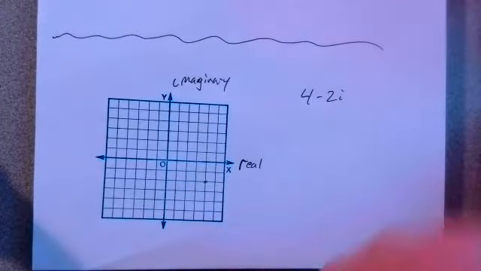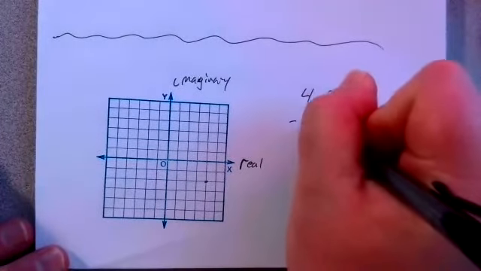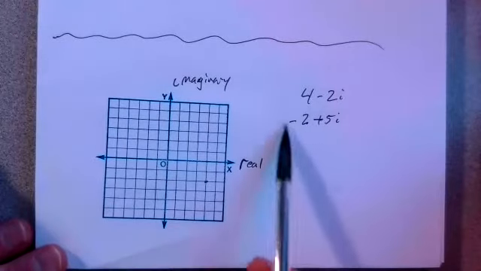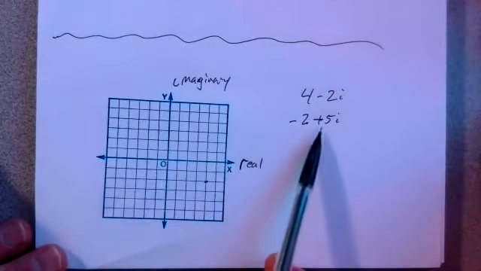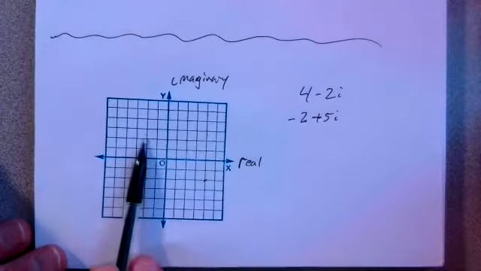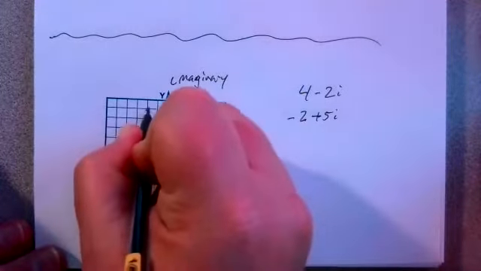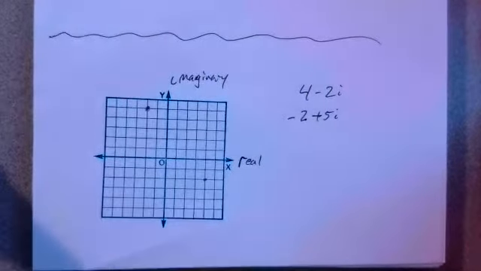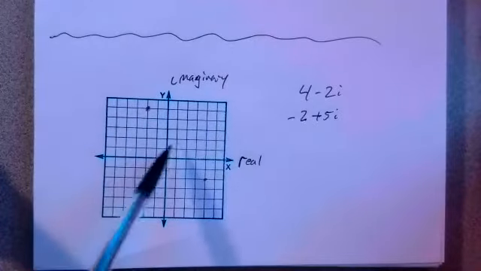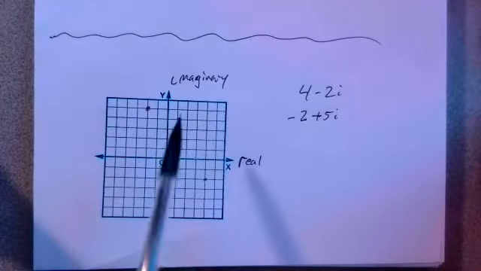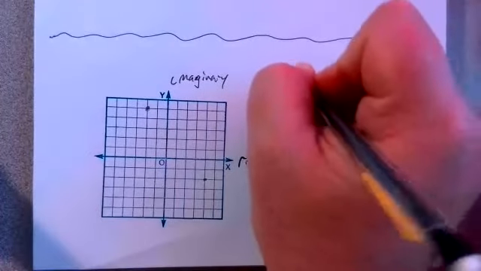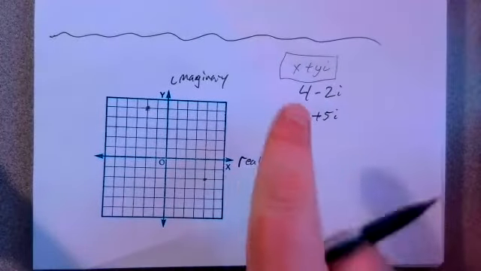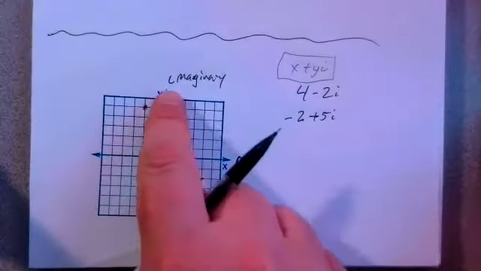But what about something like -2 plus 5i? Well, the real part's -2. The imaginary part's 5, so -2, 1, 2, 3, 4, 5. That would be this point here. So what I'm saying is the xy ordered plane can turn into something like x plus yi, right? Where x is the real and y is the imaginary.